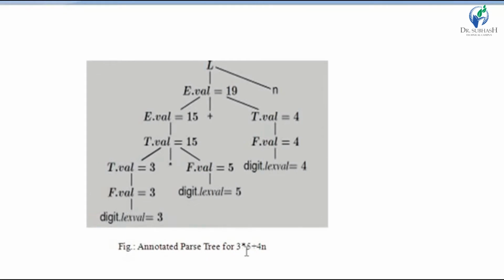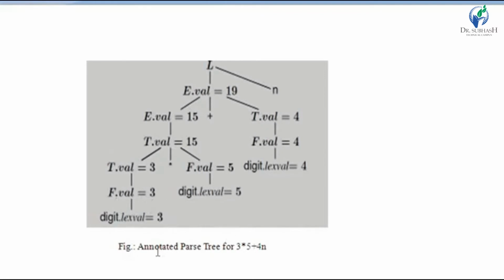An annotated parse tree is nothing but a parse tree with its attributes and values associated. In a simple parse tree you can directly write its value or identifier, while in an annotated parse tree, values and attributes both are associated with productions.